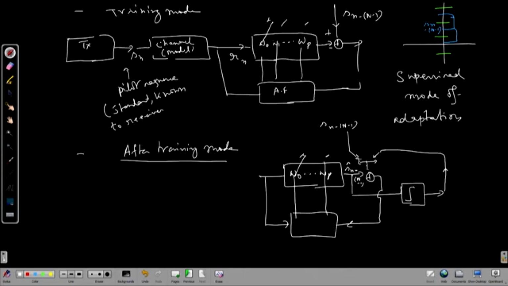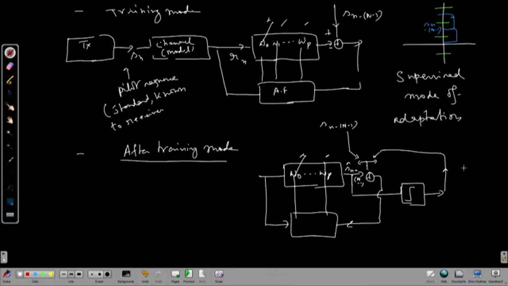Once the training mode is over and you are transmitting your speech and music and all those signals, still I carry out some kind of adaptation. What happens? Whatever comes out here will be passed through the quantizer, and even if this has some error, because this may not be exactly equal to S n minus n minus 1, that is a transmitted thing with a delay of n minus 1, because of all the approximations and maybe some noise effects, there will be some difference, but the difference is not much, it still remains in the correct band.